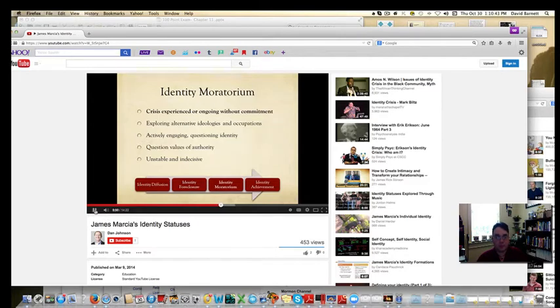The third status is moratorium, and this is a status for those who are experiencing crisis but have not made an identity commitment. They are questioning the values they've likely blindly accepted in the past and are in an overall unstable state. Marcia explains individuals in this status either as sensitive or anxiety-ridden, highly ethical or self-righteous, but also flexible and indecisive.